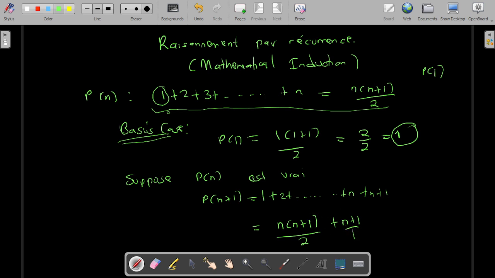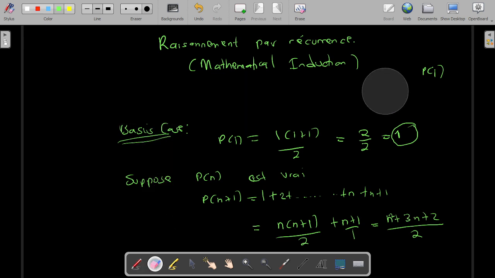Now, if I sum these two things, I'm going to get n squared plus 3n plus 2, divided by 2. Now, the expression on top is a quadratic expression that is factorizable.